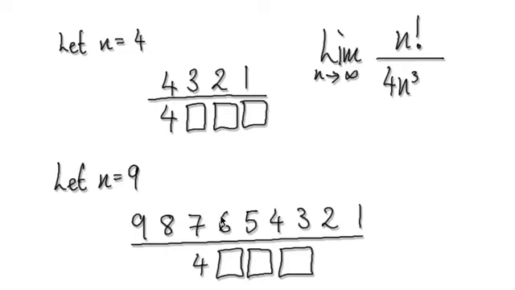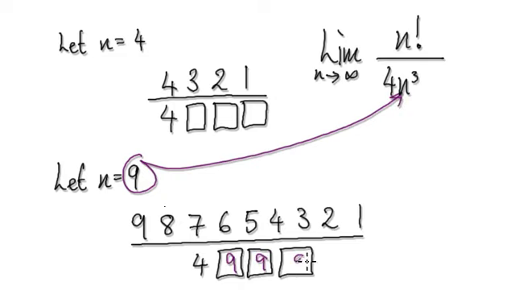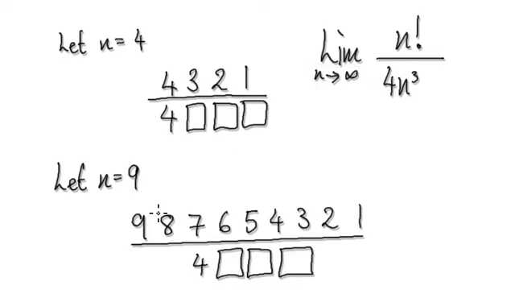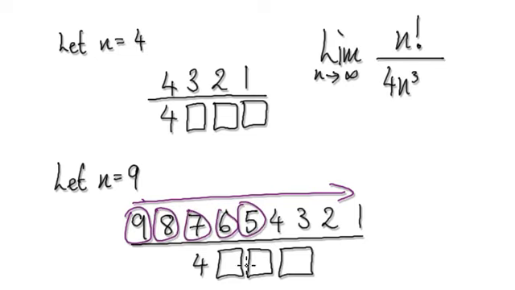So n equals 9. When you put this into here, it will be 9, 9, 9. The question here is that as n tends to infinity, you've got a choice of increasing the number of blocks here, or you can put something very big into these 3 blocks.